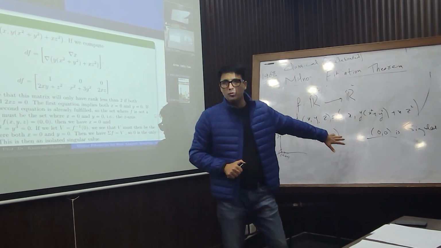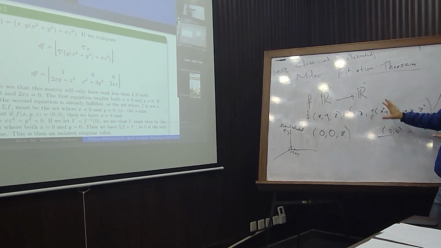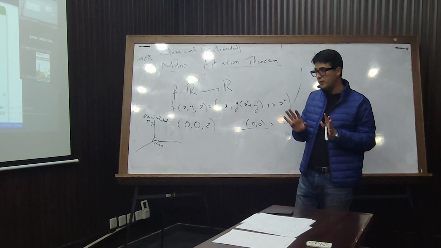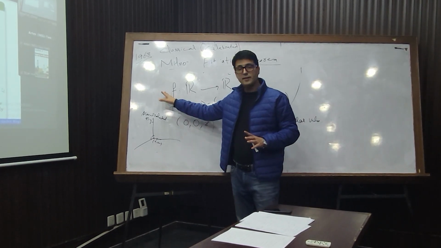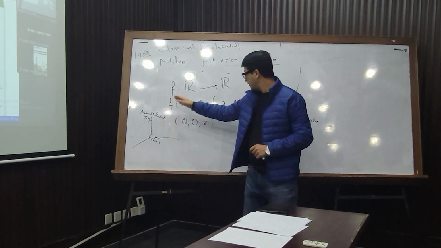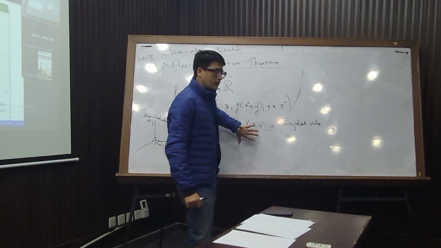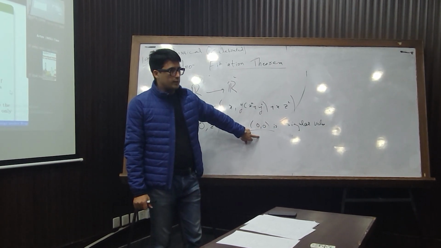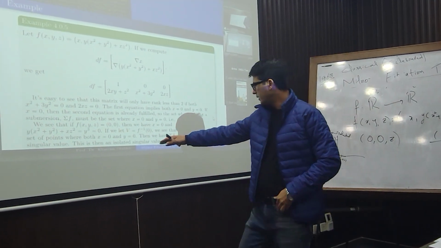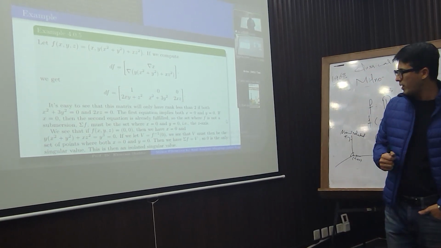But this singular value is isolated. It means it is possible that you have a non-isolated singularity in the domain, but under some map the singular value is only one value, an isolated singularity. So here we computed the isolated singular values and the points.